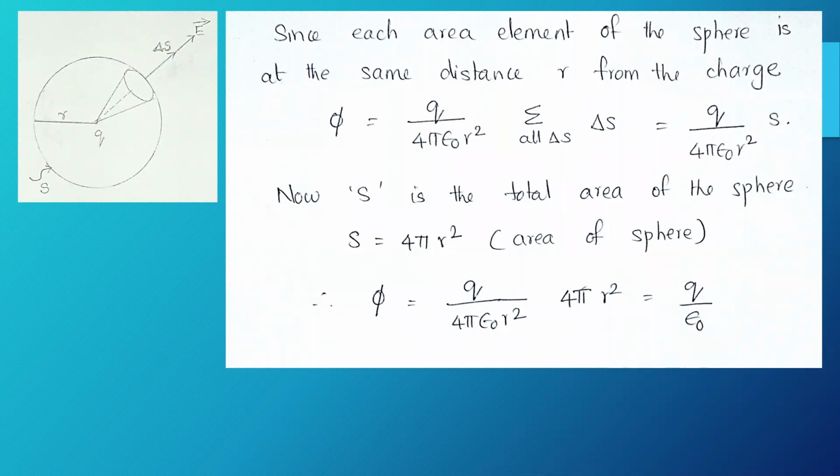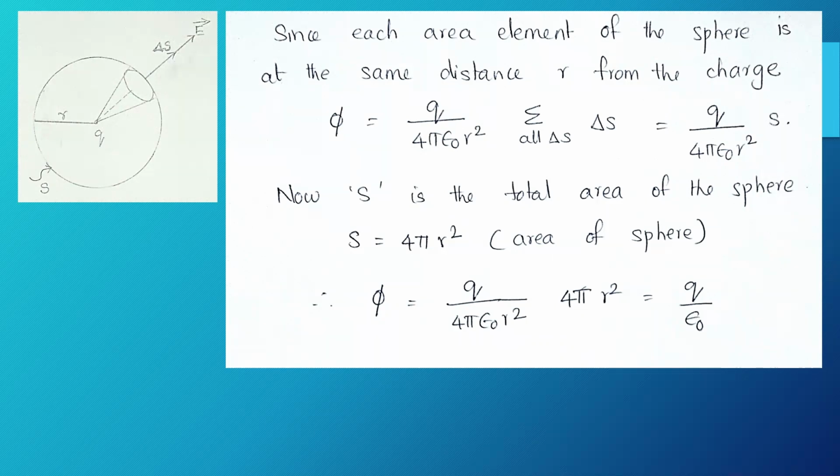Therefore, adding up all such area elements will give us the total surface area of the sphere, which is equal to S. Therefore, phi is equal to q by 4 pi epsilon naught r square times sigma all delta S. Sigma all delta S means adding up all small areas, that gives the total surface area S.